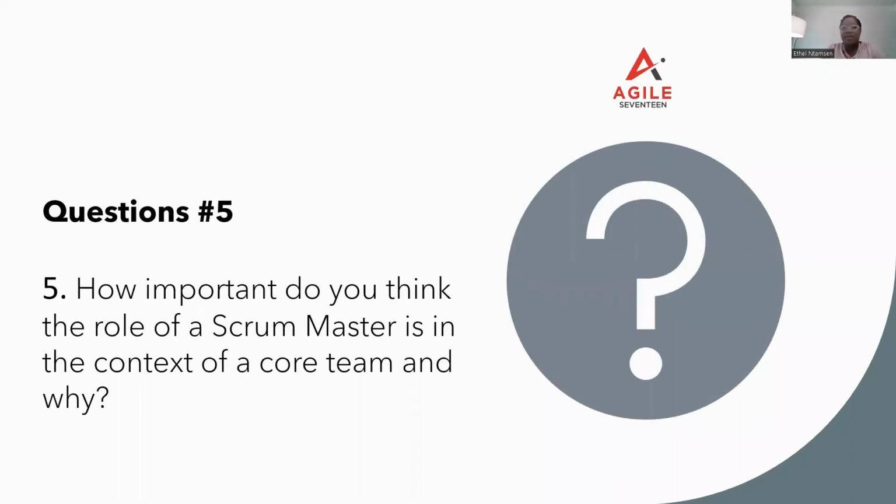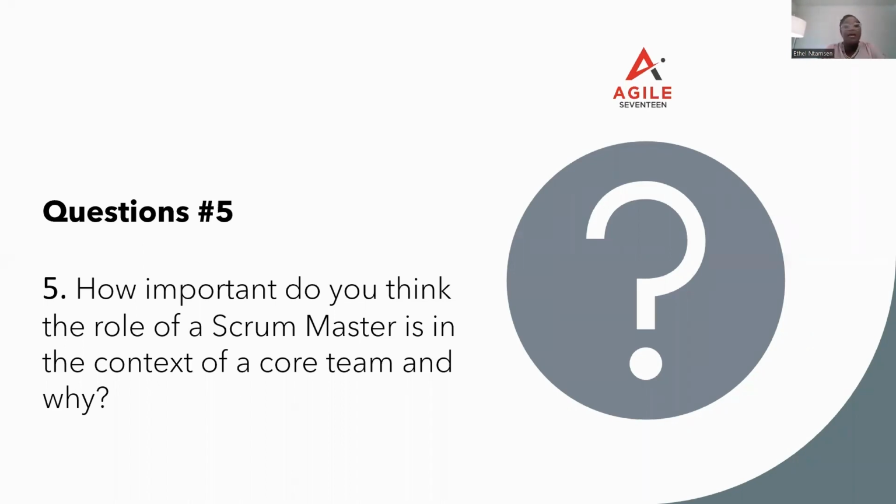So as a Scrum Master, I want to talk about the importance of the role, so let's talk about a team without a Scrum Master. What are some of the things that may happen when a team does not have a Scrum Master? And why do I say this?